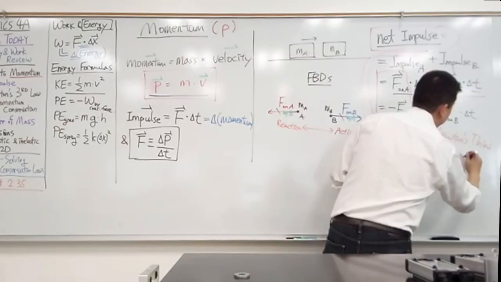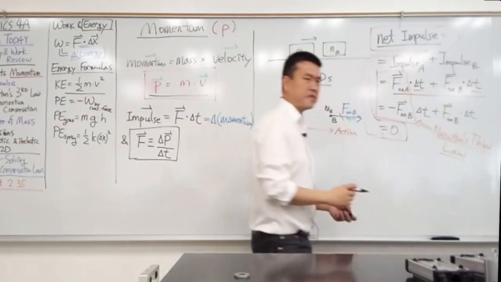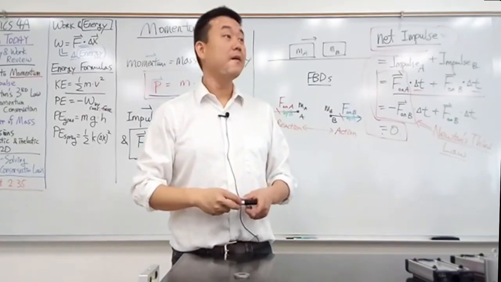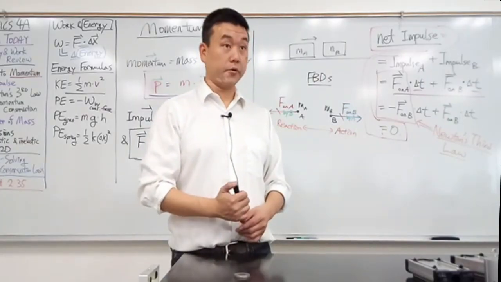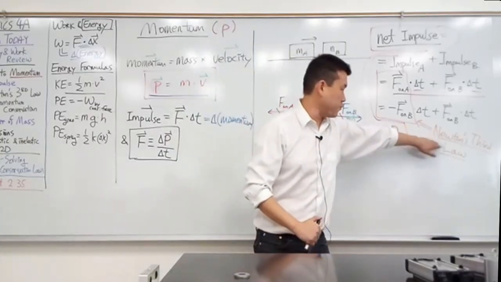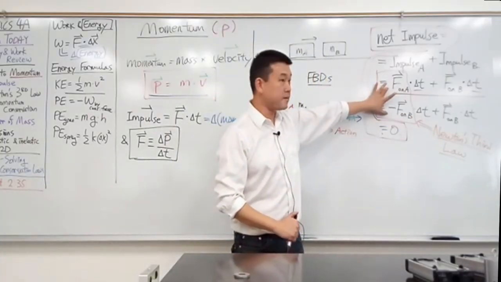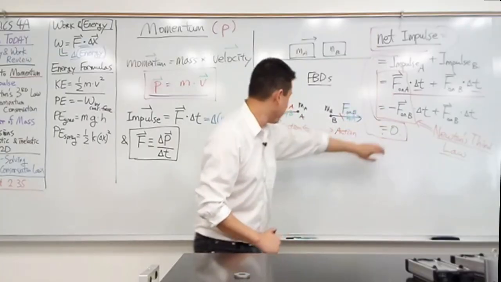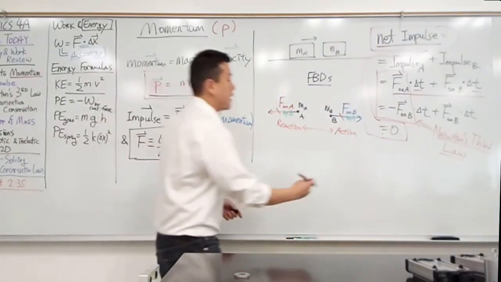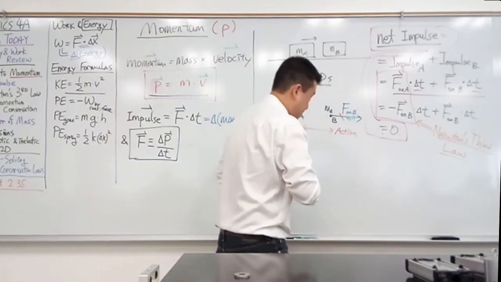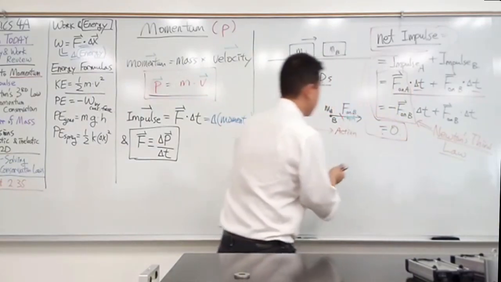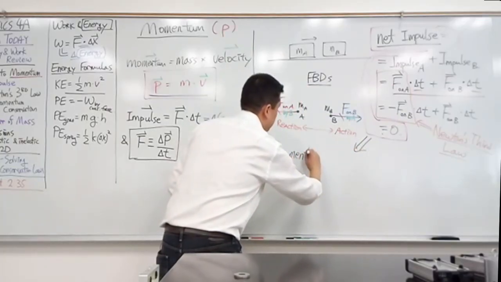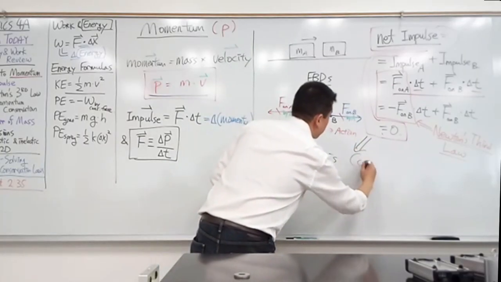I think when we covered Newton's laws, did I tell you Newton's third law is the most important of the 3 laws of Newton? I didn't. I might have said it's the most confusing one, but it's also the most important one. It's because of Newton's third law that we can say net impulse here is 0, and through this, we can say that momentum is conserved.